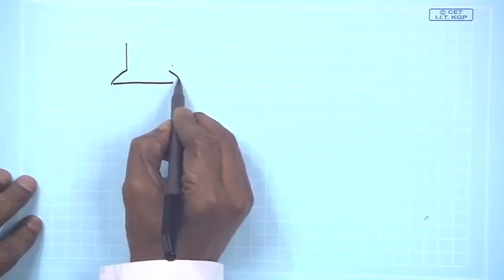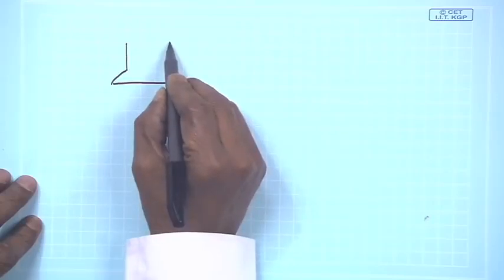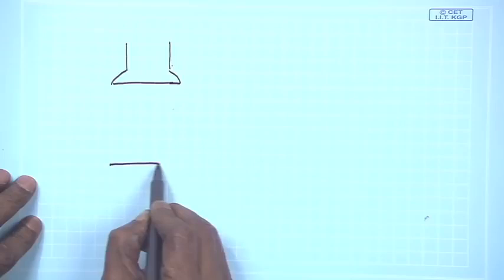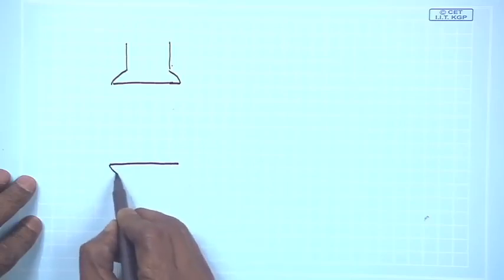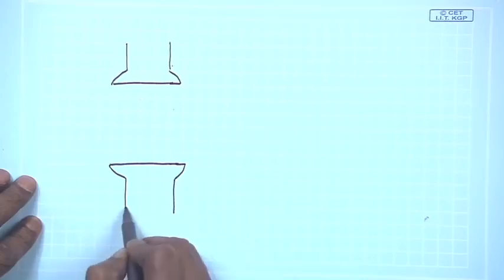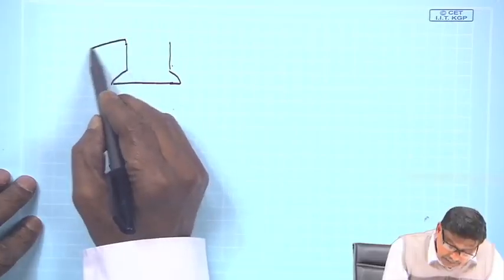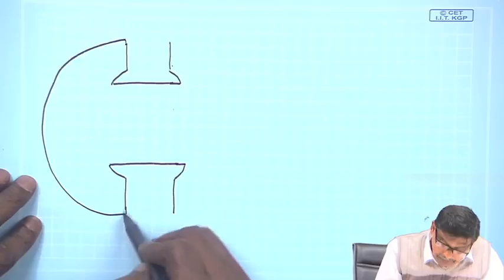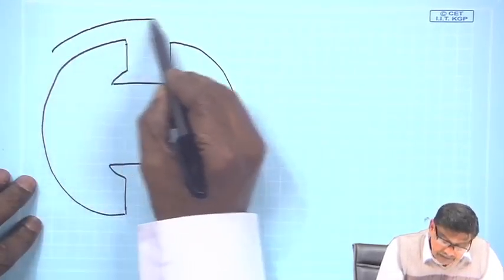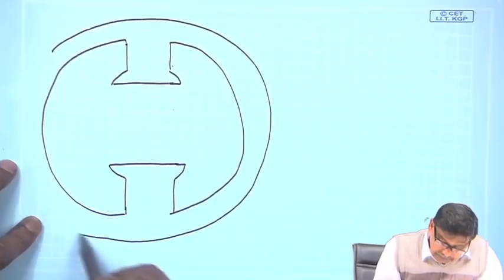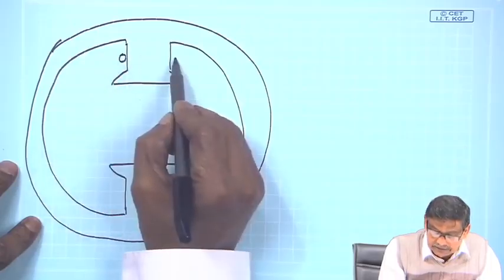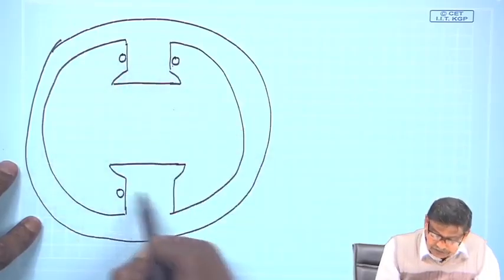Suppose every rotating machine has a stator and rotor, and this is the stator iron, which is cylindrical, and there may be coils wrapped around the poles.